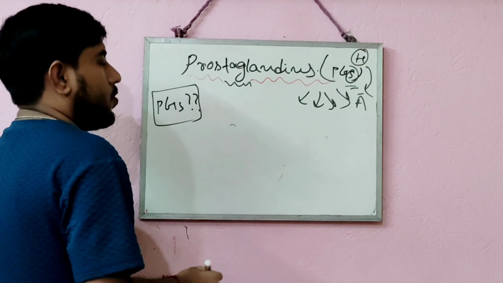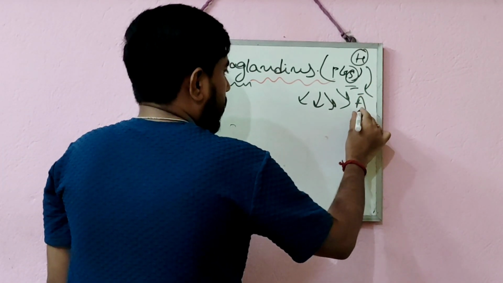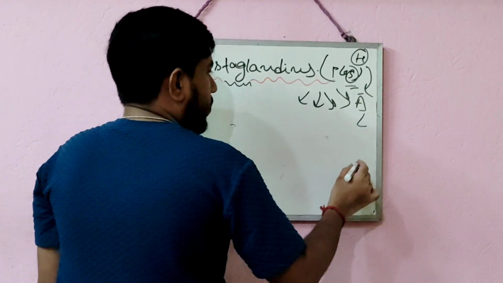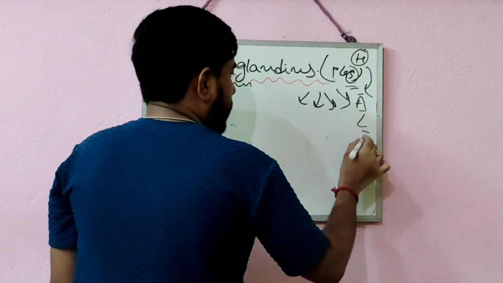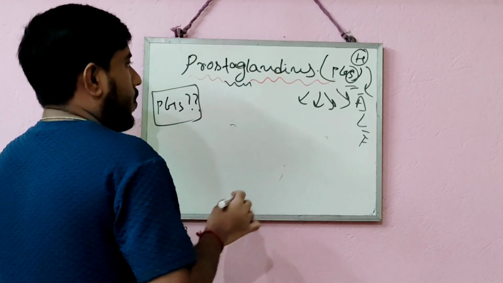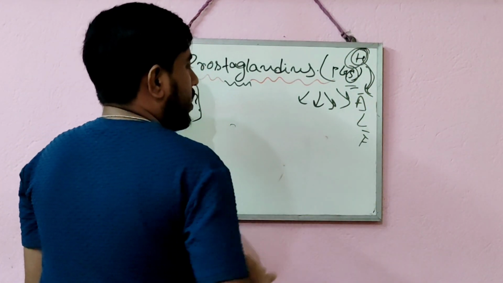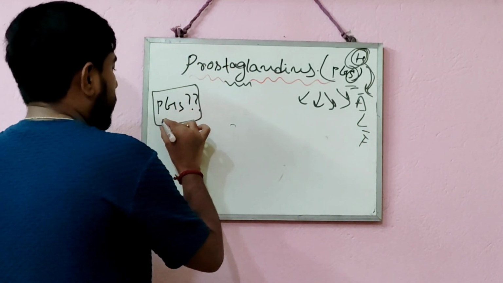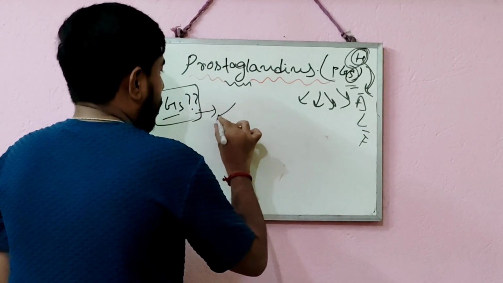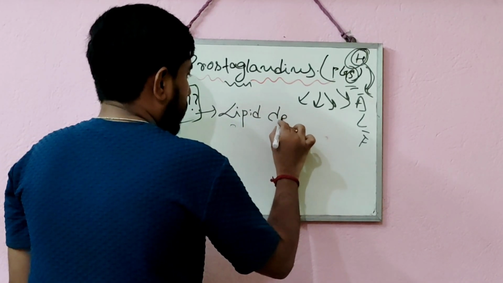In the autocoid video I described that autocoids can be amine derivative or lipid derived, or fat derived. Last class we discussed histamine, derived from amino acids or amines. Today we will discuss prostaglandin, an autocoid which is generally lipid derived.